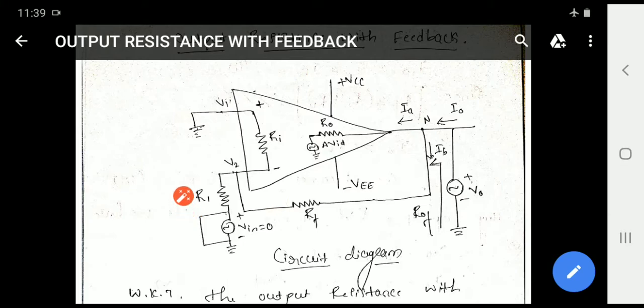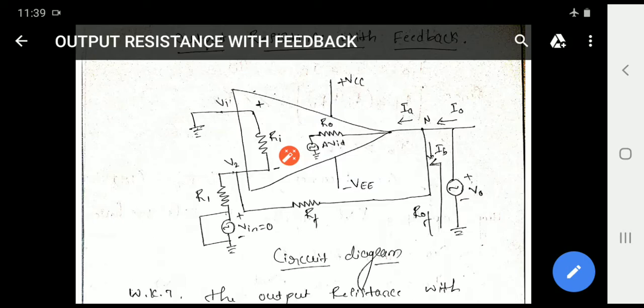Here R1 and RI are in parallel, because at this node R1 is directly connected to ground, RI is also directly connected to ground, meaning these two are in parallel but in series with RF. Comparing these values, R0 is very small, therefore the maximum current of I0, that is IA, flows through R0 rather than RF and R1 in parallel with RI.